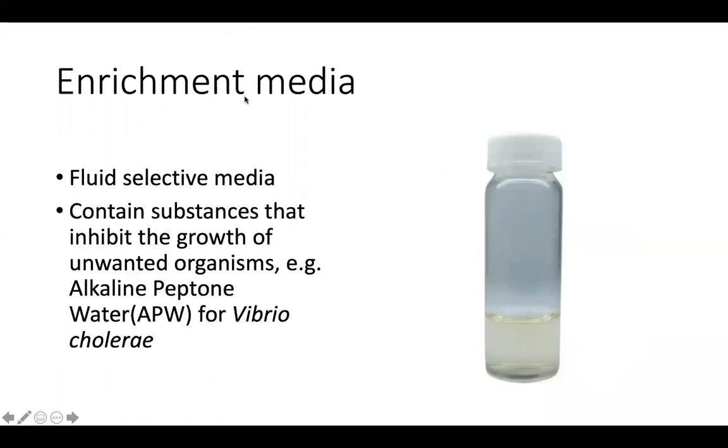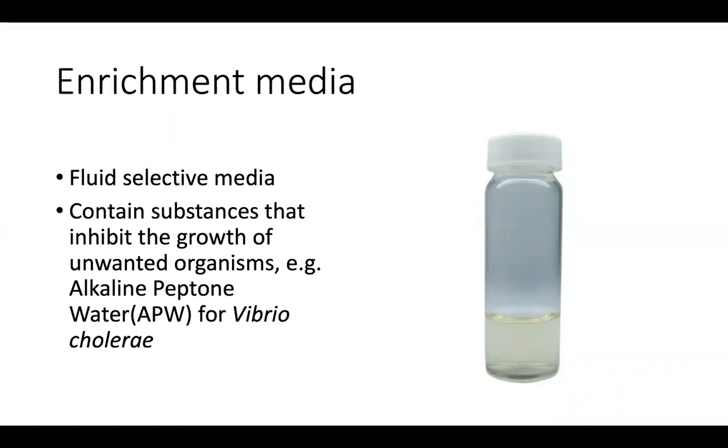Then you have enrichment media. Do not confuse it with enriched media. Enrichment media is fluid and it's selective. Selective means you use it when you're very specific. For example, if you have an outbreak of cholera, I want to isolate Vibrio cholerae from this population.